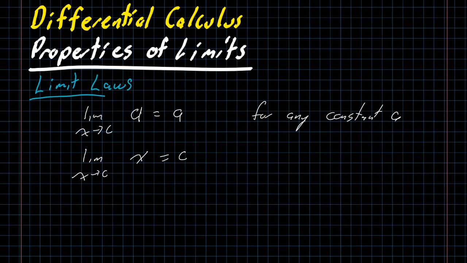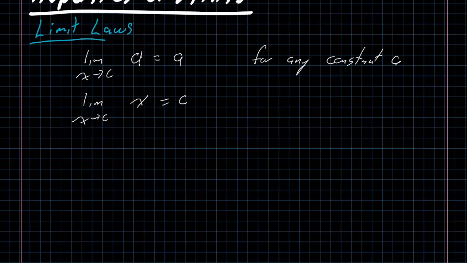So if you follow along that line until x equals c, you're also going to be at the point y equals c. If you're not sure, try graphing those functions, y equals a and y equals x. Pick some point c, see what you get out of it. Follow the path to see what happens. All right, those are the obvious ones.